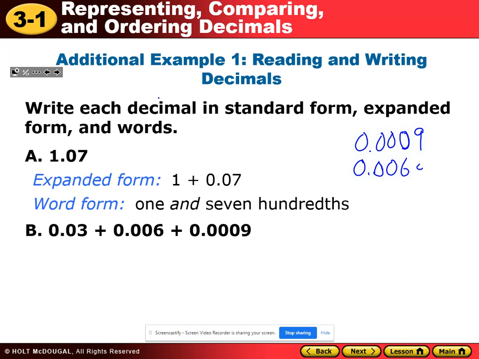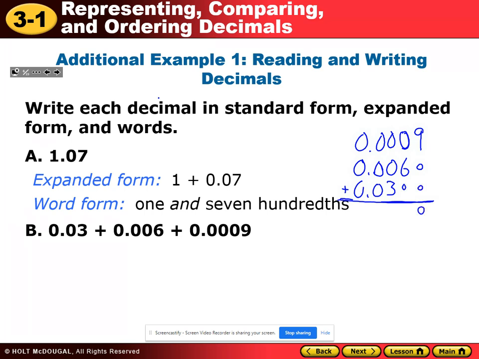I like to put a 0 there as a place holder, and then 0.03, excuse me. Got to make sure you look and do it correctly or it won't work out. And then think, if I add all those together, I can write it in standard or normal form.